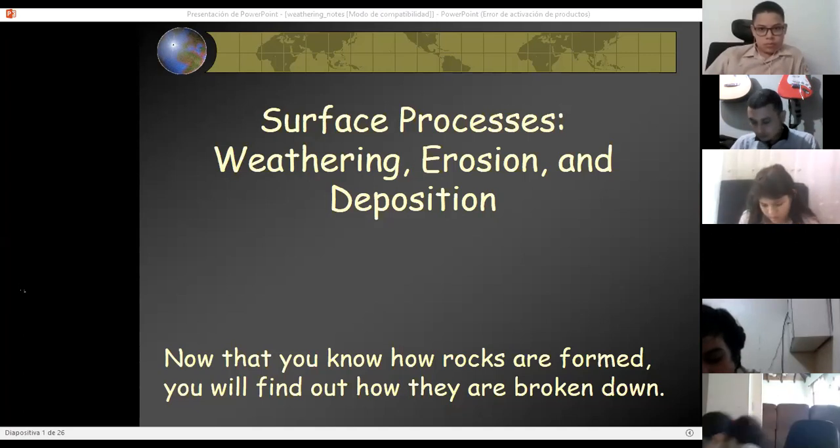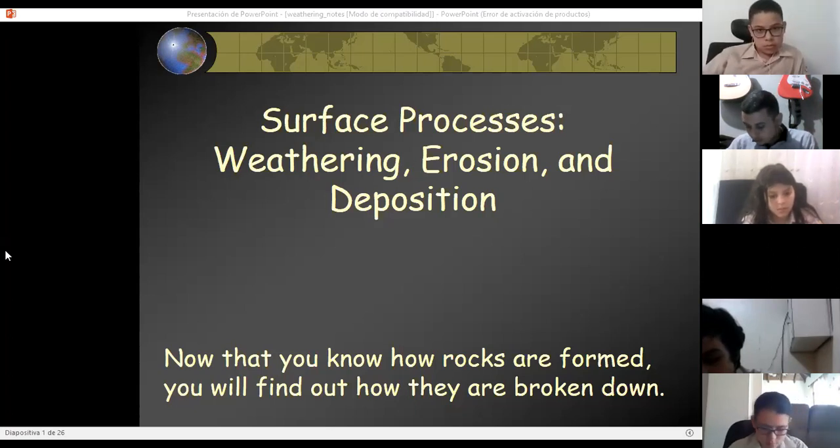Sorry. The process of weathering and erosion works together to change Earth's surface by wearing down and carrying away rock particles. The process of weathering breaks down rocks and other substances. Heat, cold, water, ice, and gases all contribute to weathering. Erosion involves the removal of rock particles by wind, water, ice, or gravity.